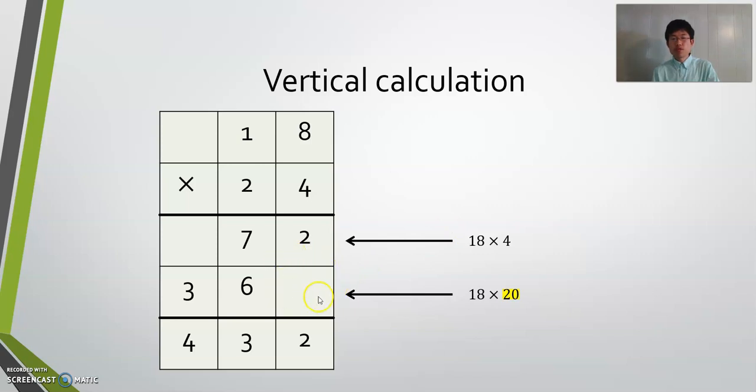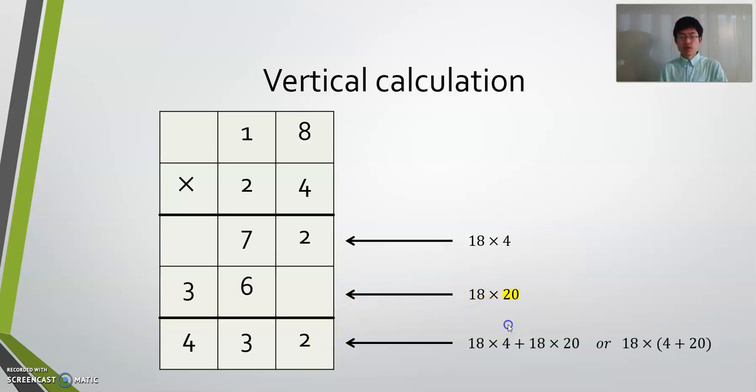This part right here represents 0. You didn't write anything down, or you might have been asked to write down 0. I wasn't, but this part represents 0. 2 plus 0 is 2, right? So you got this 432 by actually doing something like this: 18 times 4, 18 times 20, add these together, or write it down this way, whatever it is.